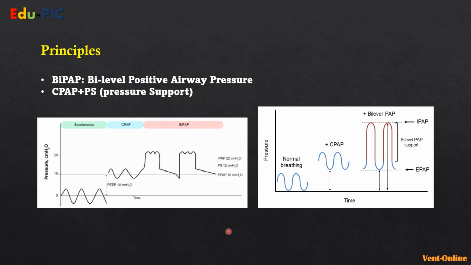The CPAP with pressure support basically depends on the patient being the triggering and the cycling point. So basically, the patient starts breathing, the machine picks it up and delivers the set pressure, and the inspiratory phase ends with the patient exhaling anyway. So it just depends who's triggering. Is it set by the machine, and who's ending the breath? Is it also set by the machine, or is it set by the patient? Right?